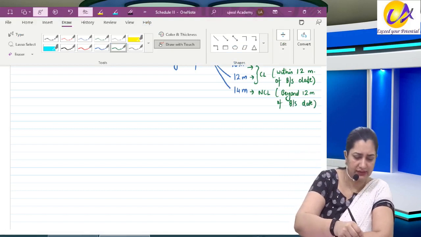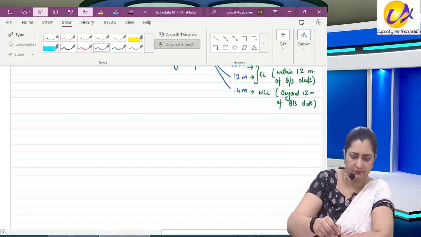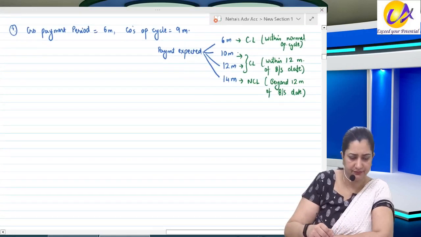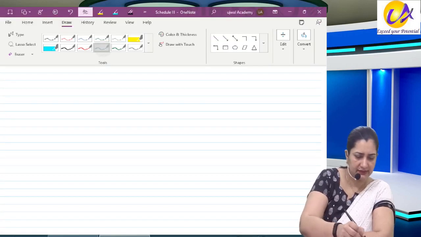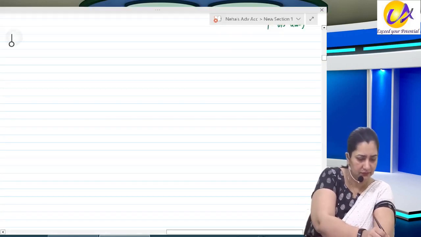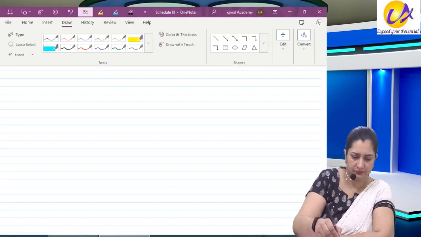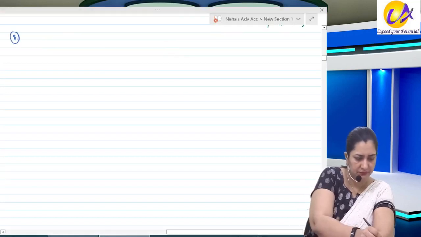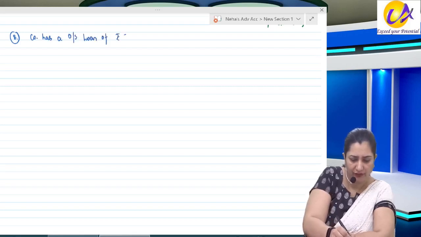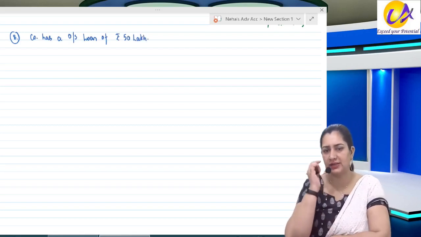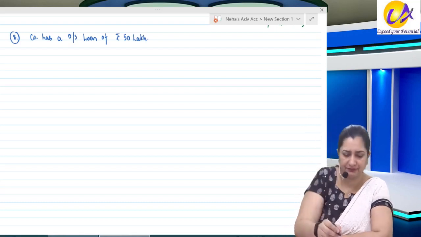Next, one more example. Eighth example. The company has an outstanding loan of 50 lakh.